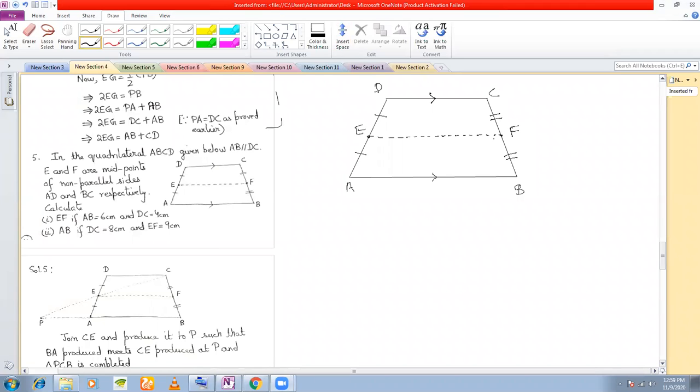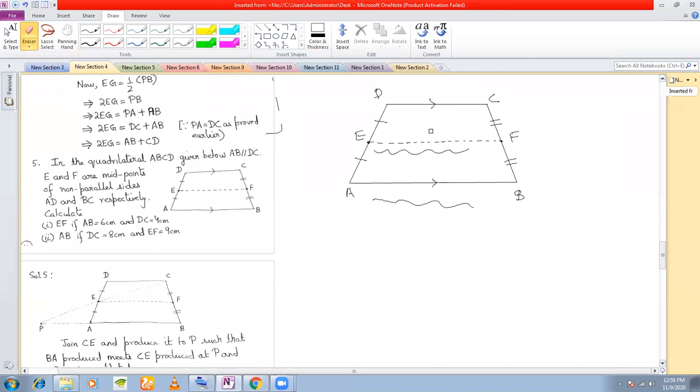This is a quadrilateral in which two sides are parallel. Again, this is a trapezium actually, where E and F are the midpoints of the non-parallel sides. You need to calculate the length of EF given AB and CD. These two lengths are given. That means just as in the previous problem, you need to find a relation between these three sides.